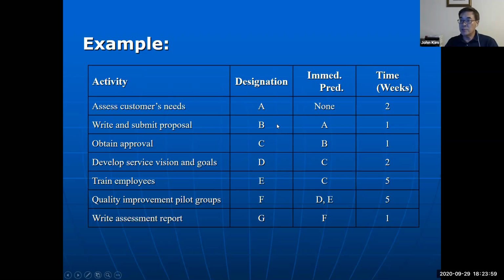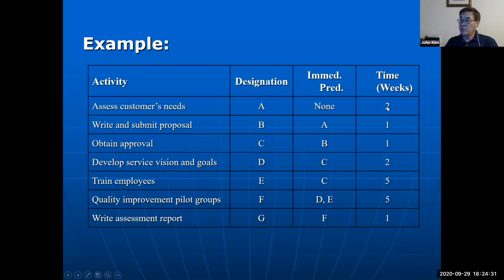And then there is a sequence. After A finishes, then B can start. So activity B's immediate predecessor is A. And then C can start after B, D and E start after C finishes, and then F after D and E, G after F.